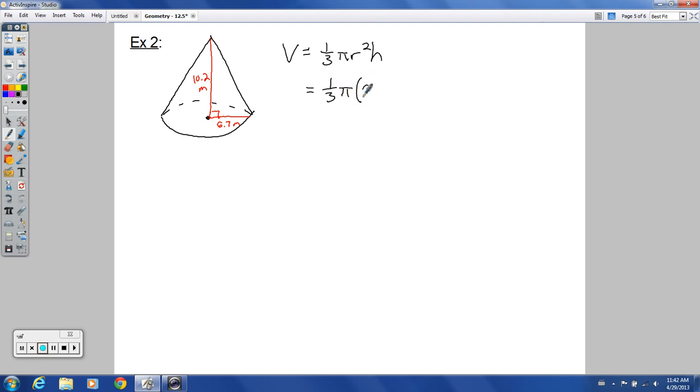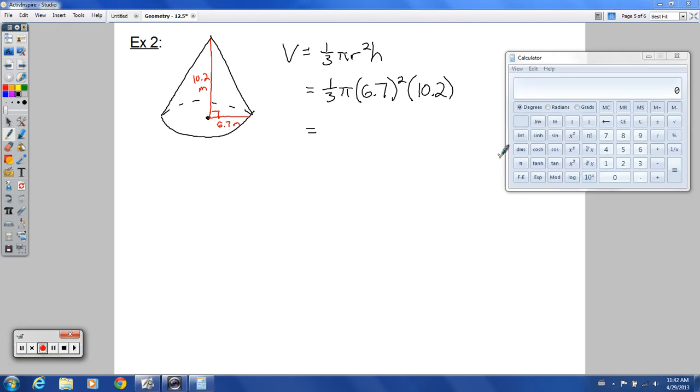So your radius, that's 6.7, you have 6.7 squared, times the height is 10.2, and at that point, you could put that into a calculator, and you'd get this. I'm actually going to bring the calculator up here just to double check my work. So I've got 6.7 times 6.7.